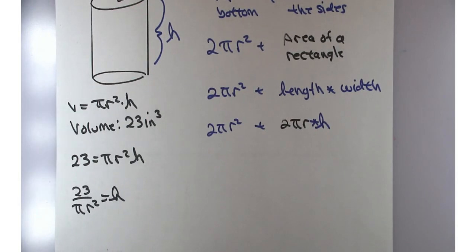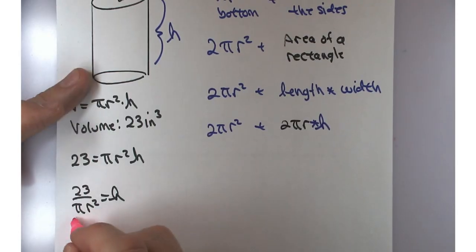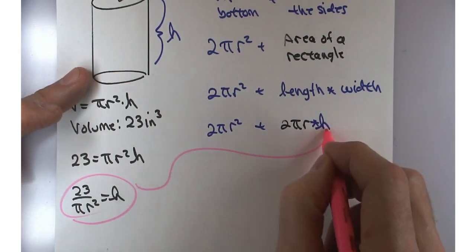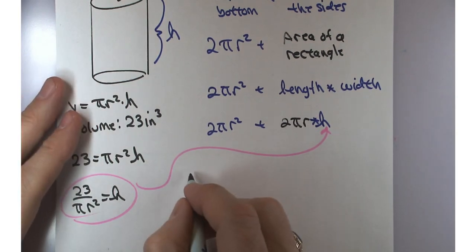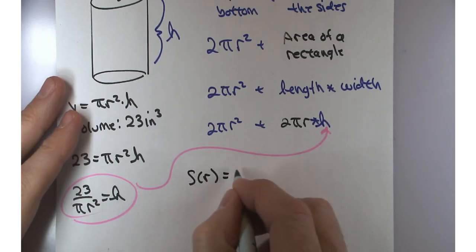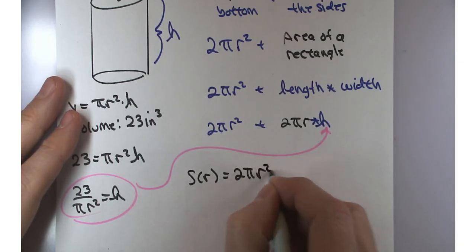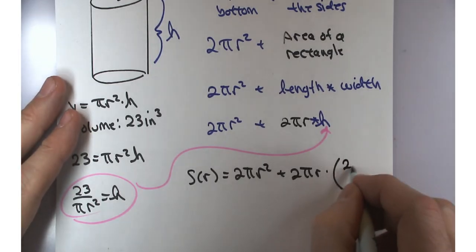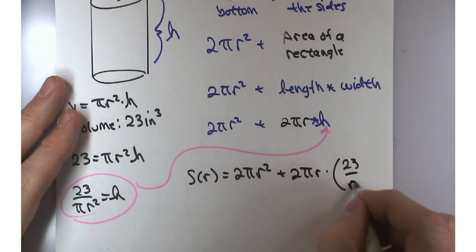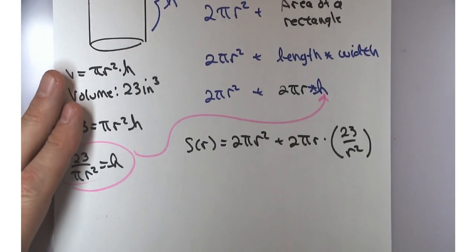And now I can take that and plug it in over here. And finally, after a lot of work, now we have something that depends on just one variable. So it's going to be S of r equals 2 pi r squared plus 2 pi r times 23 over pi r squared, like that.